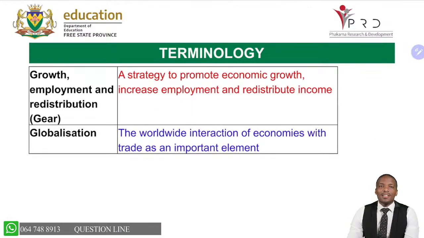As always, we start with our terminology, and that is the approach that each and every learner that is doing economics should always start with: the concepts. They should learn those concepts because these concepts will help us when we will be writing our exam. In question 1 or section A, match column, multiple choice, as well as economic concepts where we do not accept abbreviations.